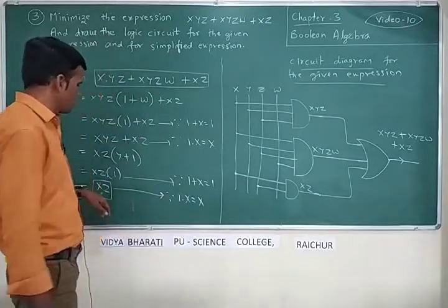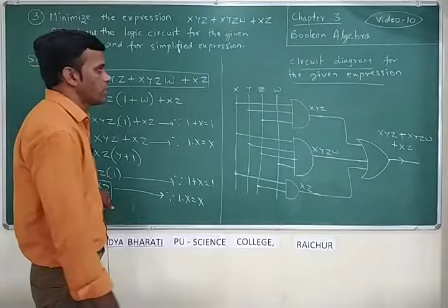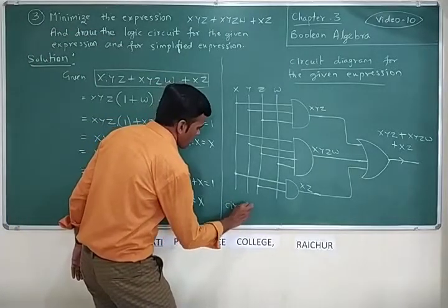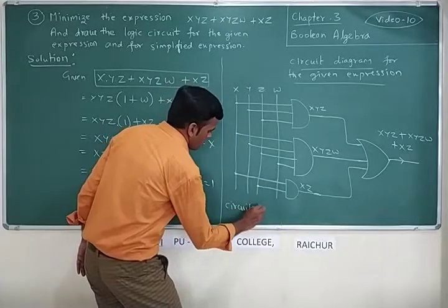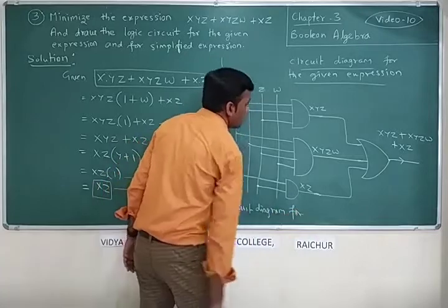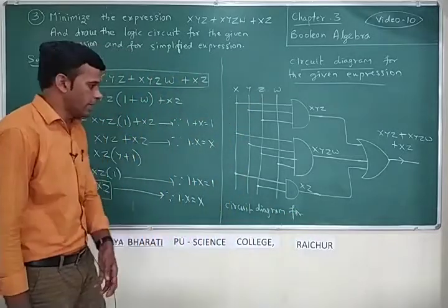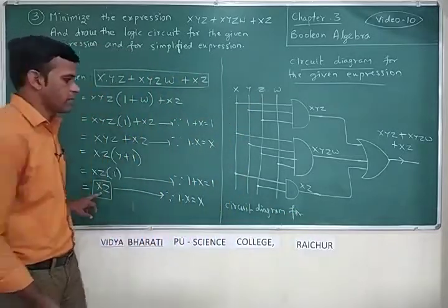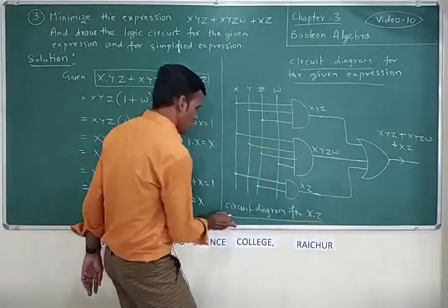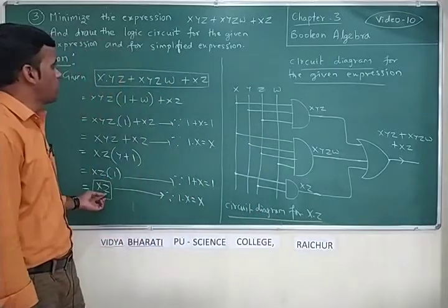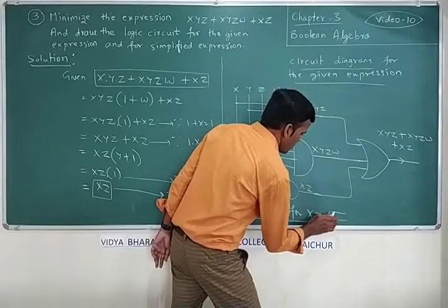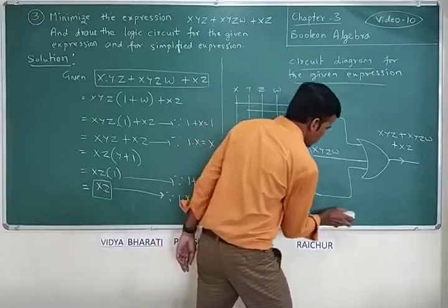Now the circuit diagram for the simplified expression, which is X Z. This is the simplified one, just a 2 input AND gate, X and Z.